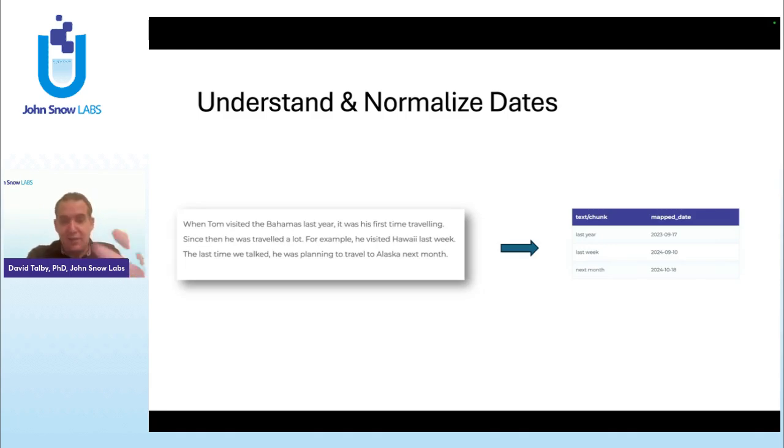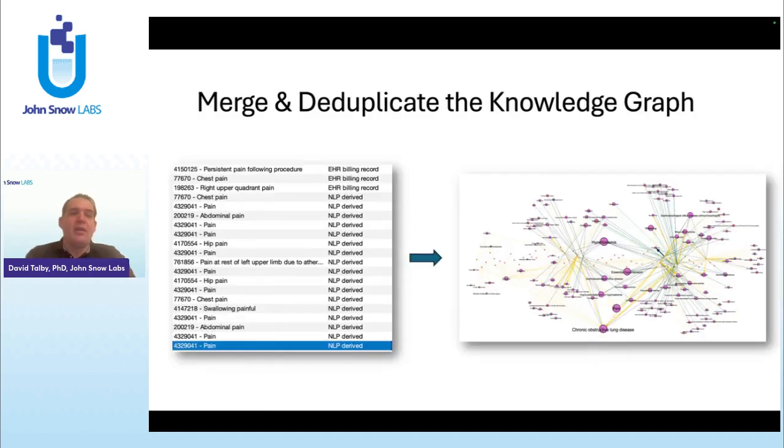So this means that I need to be able to find relative dates, normalize them to real values, and when queries come in about relative dates, I need to be able to map them back so that I get accurate responses. Once you do all that, you extract all the information, structured data, unstructured data, imaging data, FHIR data, you normalize the terminologies, you map the dates, you do all of that.